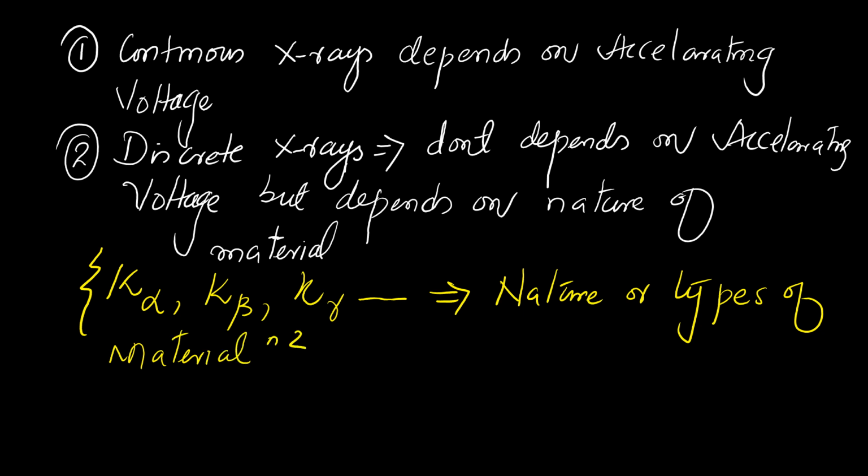So the position of K alpha, K beta radiations for molybdenum, Mo, as well as tungsten will be different.